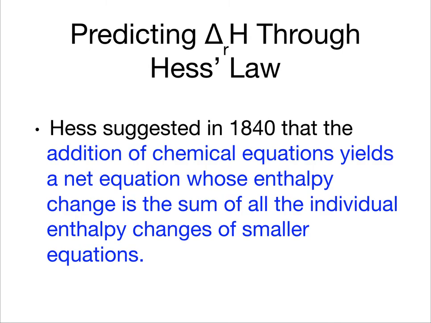And Hess suggested in the 1840s that the addition of chemical reactions, like you can do a chemical reaction in steps, start from the reactants, and you could go just one way over into the final products, or you could do a couple of intermediary reactions to get to the same place.